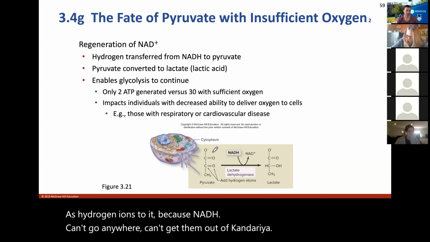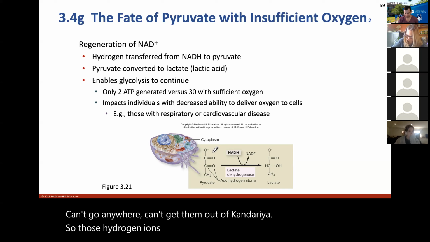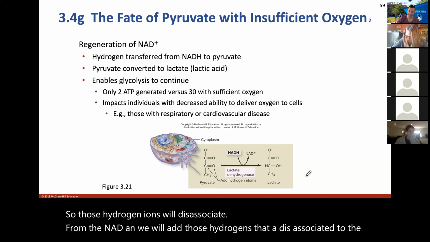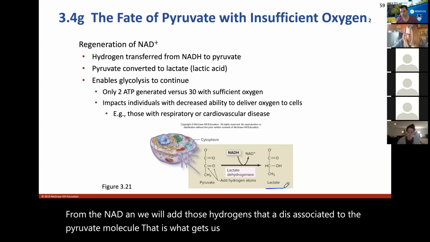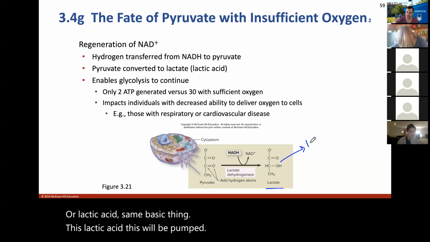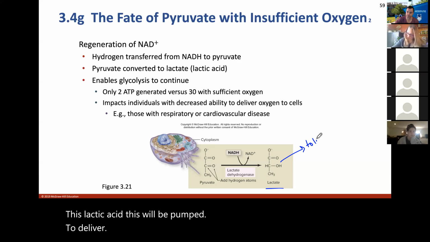So those hydrogen ions will disassociate from the NAD, and we will add those hydrogens to the pyruvate molecule. That is what gets us lactate or lactic acid, same basic thing. This lactic acid will be pumped to the liver. And made into glucose.